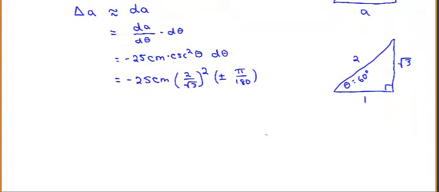And so now let's do these computations and see what we have. We'll have negative 25 centimeters. When we square 2 over the square root of 3, we get 4 over 3, so times 4 over 3 times this plus or minus pi over 180.